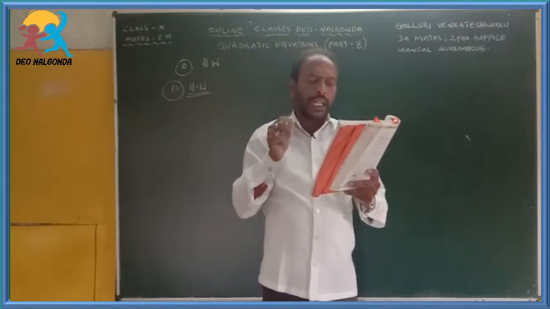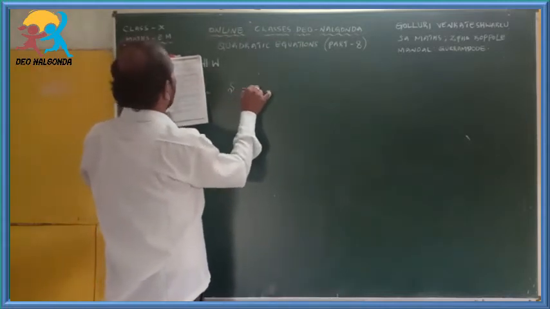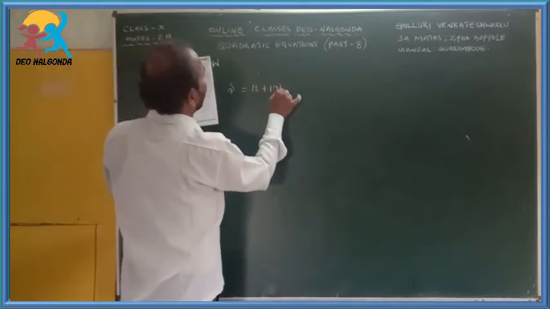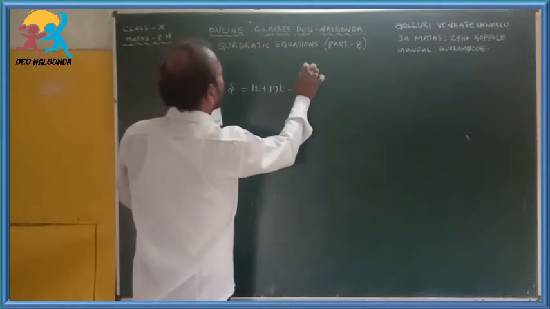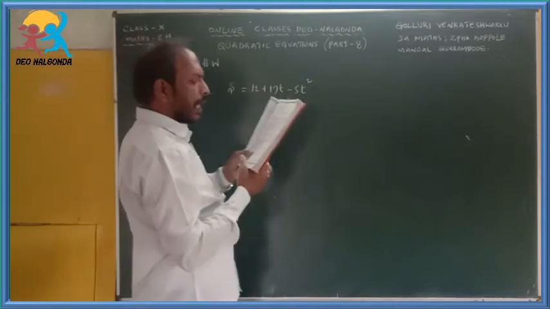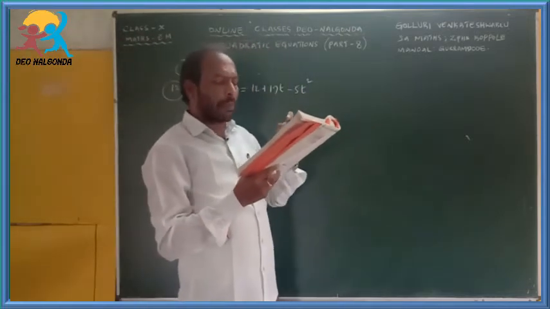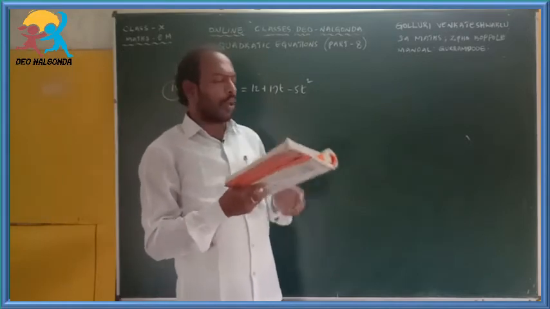It is at a height of s equal to 12 plus 17t minus 5t square from the ground after a flight of t seconds. Find the time taken by the object to touch the ground.